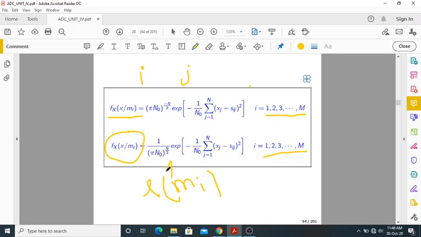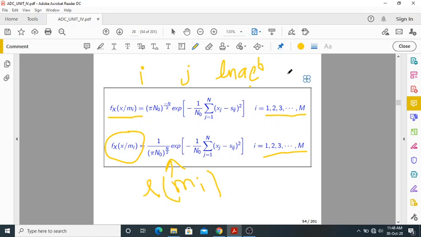What is L of Mi? It is simply the natural logarithm of this conditional PDF. What happens when you take the natural logarithm? This is a constant. Suppose we take ln of a times e power b, where a is a constant.